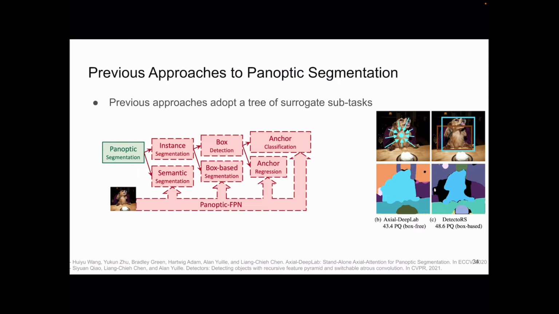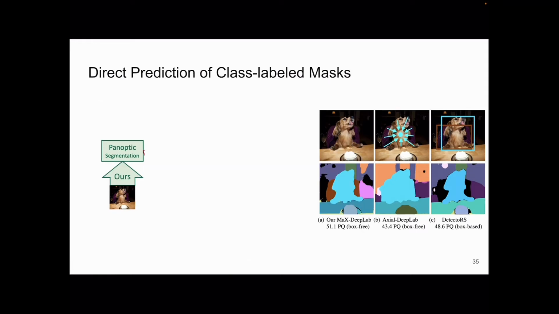Detectron classifies object bounding boxes instead of masks as a surrogate subtask. It filters out the chair mask because the chair bounding box has a low confidence. On the other hand, our proposed MaX-DeepLab directly outputs the class-labeled masks and correctly segments out the dog sitting on the chair.